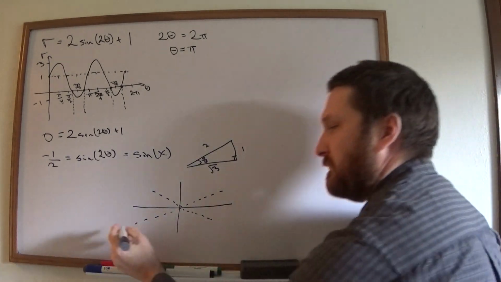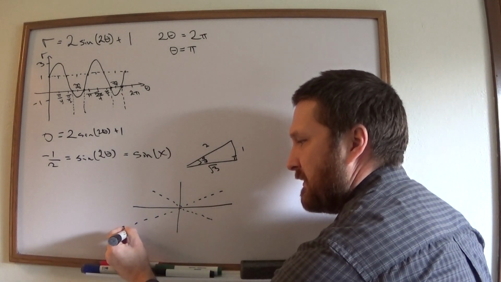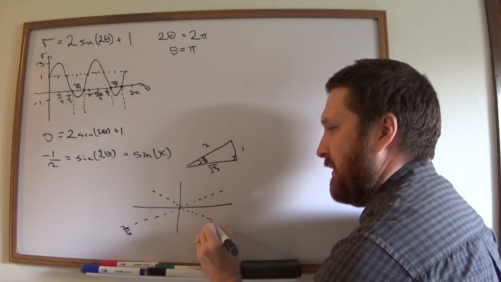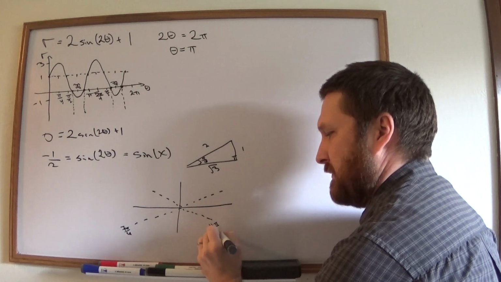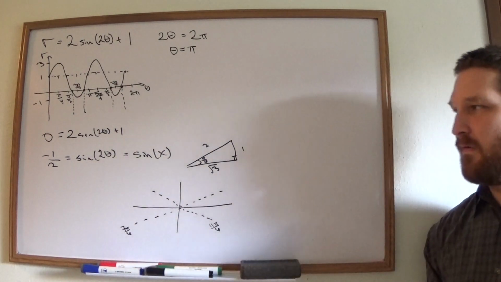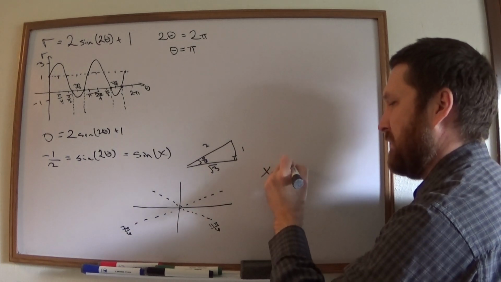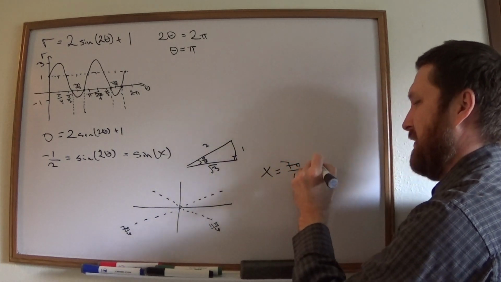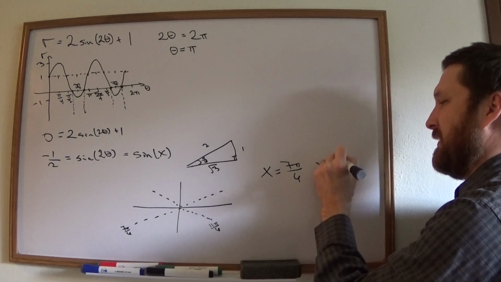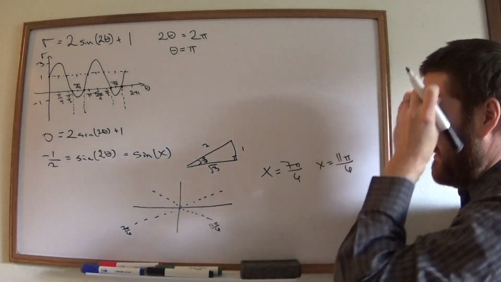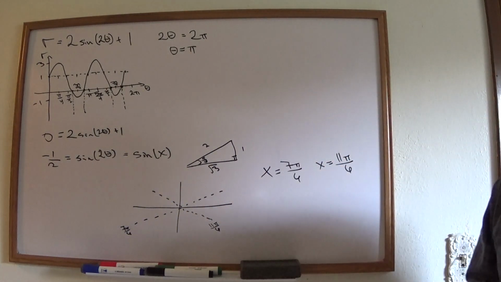The 7 and the 11. There we go. 7 pi over 6 and 11 pi over 6. But that's for x. So x is equal to 7 pi over 6, and x is equal to 11 pi over 6.